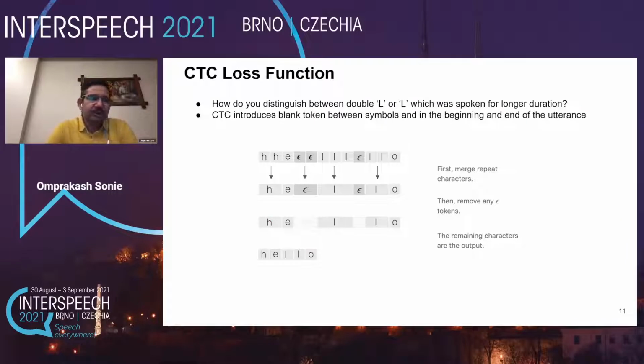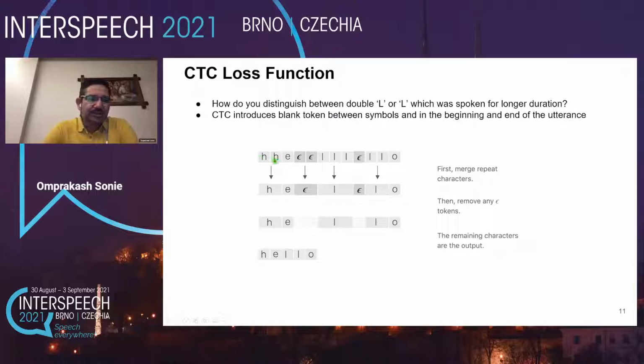The other thing we'll be talking about is loss functions. There are many types of loss functions, but in our presentation we will actually only talk about the CTC loss. When audio comes in, the challenge is that if somebody speaks a word for a longer duration, let's say "hello" with a longer L, you get 3 L's.